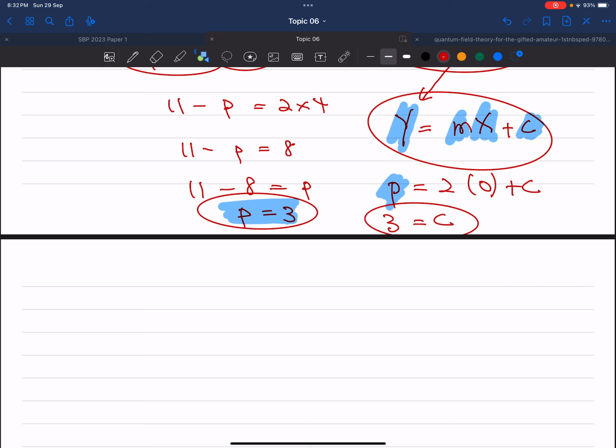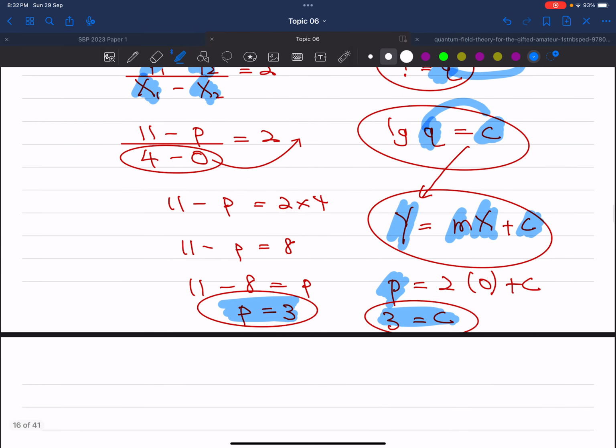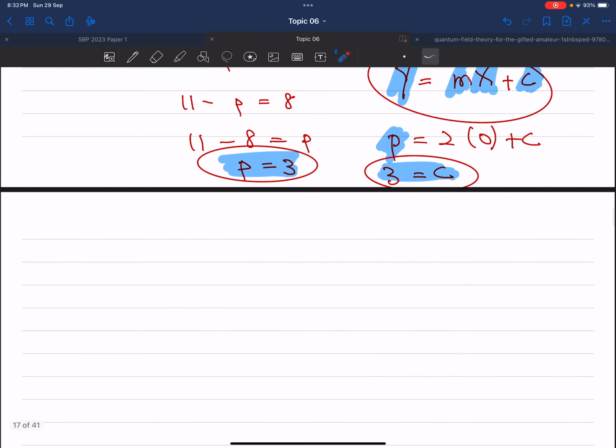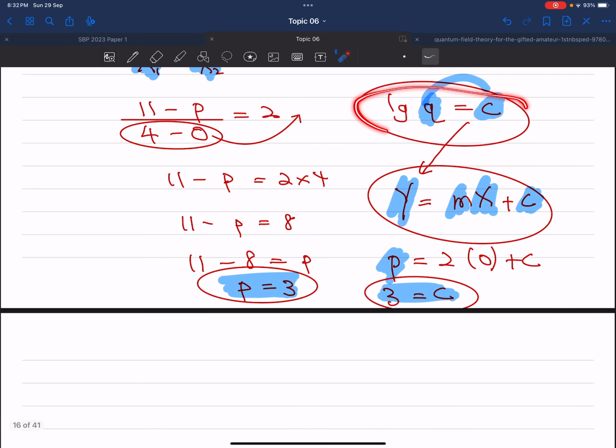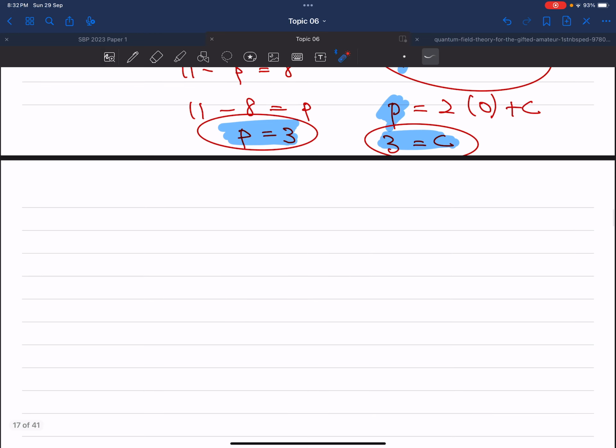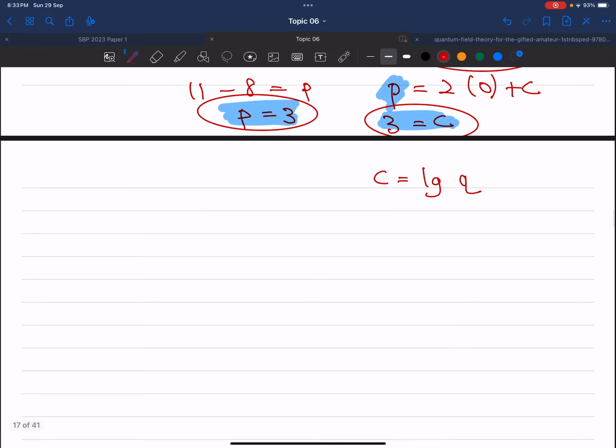But the purpose of looking for C is so that we can find log Q, which is C. So I'm just going to copy this. C is log Q. What is the value of C? C is 3.